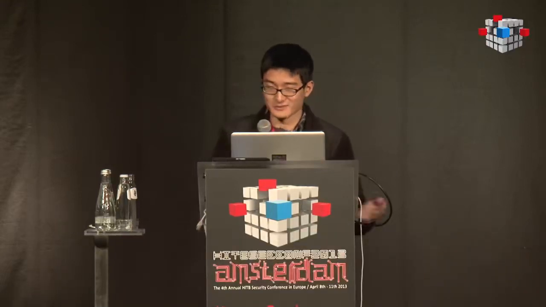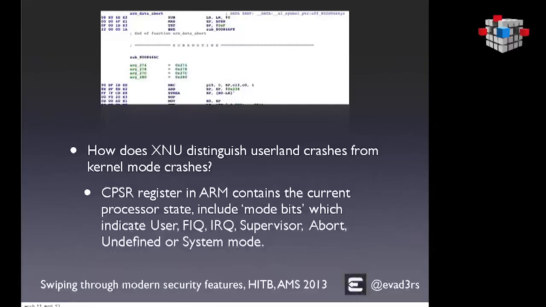Why did only the thread crash instead of the entire processor when we were doing something so crazy as to jump directly to the ARM data abort exception handler? The answer is in how that data abort handler distinguishes between userland crashes and kernel mode crashes.